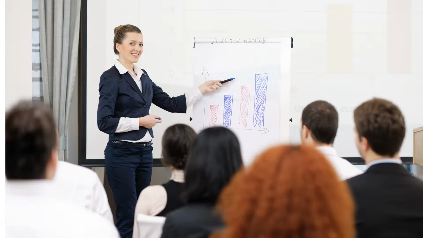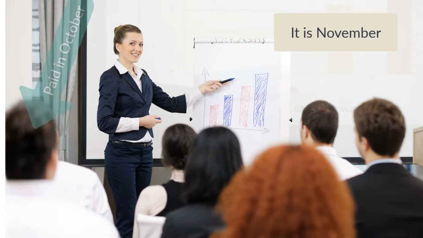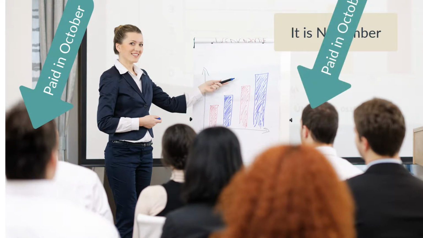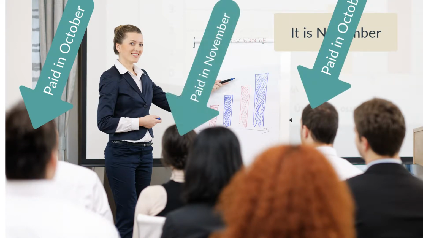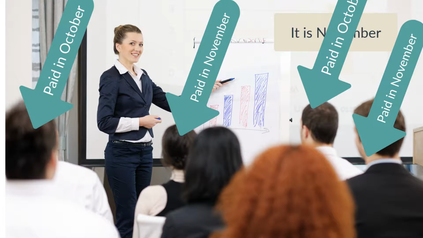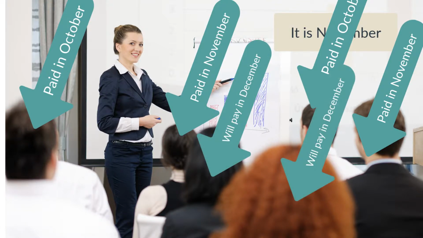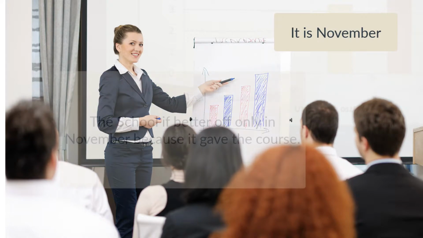A good example there. Okay, we have some students that pay in advance of the month, and we have some students that pay during the month, and we have some students that pay after the month. But the tuition bill for the month is $100,000.